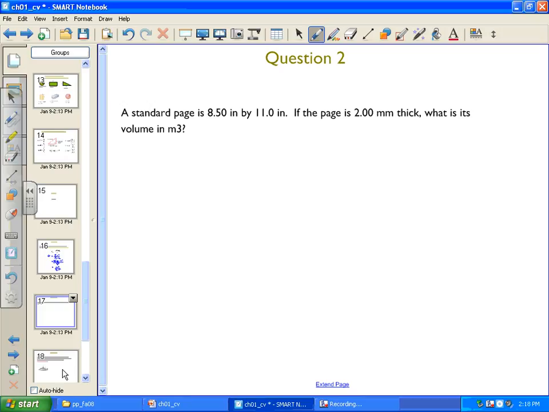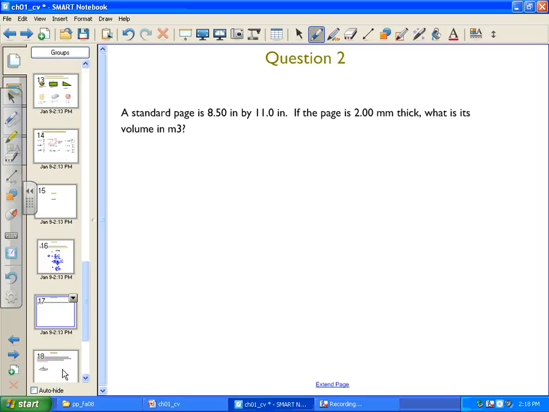Then we know that volume is length times width times depth, in this case thickness, and so if we multiply all three converted numbers, we should arrive at the volume of a standard sheet of paper.